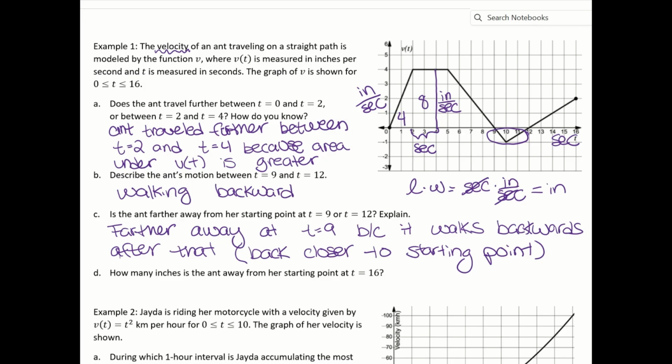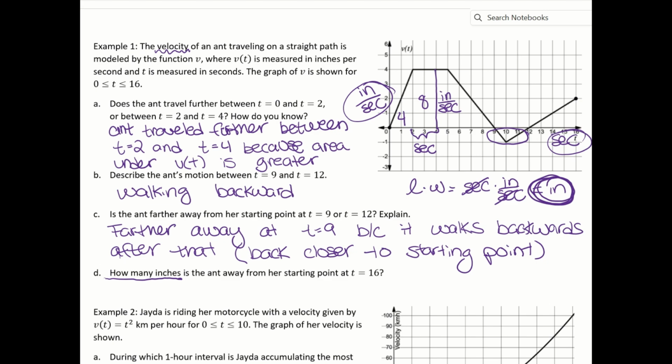So when we're finding these rectangles, we're getting inches by itself, which tells us how far, how many inches. The act of finding these rectangles or triangles is the act of finding how many inches.